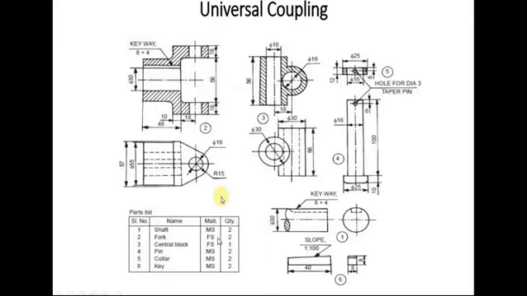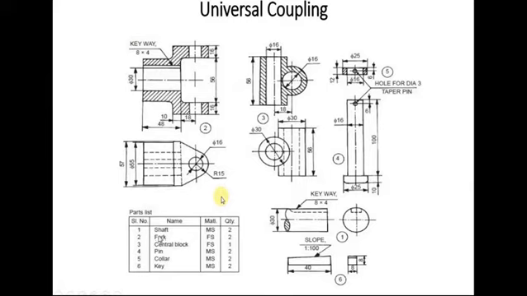Most of the material used is mild steel, MS steel. These are the steel materials used for this universal coupling, and other materials can also be used as per the requirement. Sometimes PVC material may be used, or steel. So as per requirement we choose the universal coupling material.